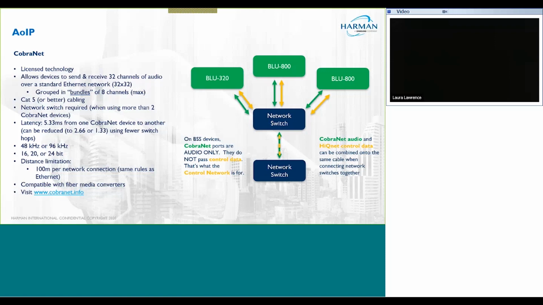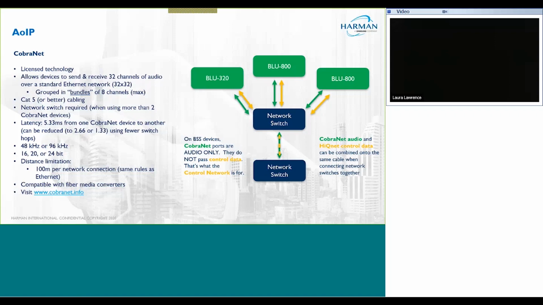Because it was first, obviously, there are some limitations here. The biggest limitation that I think there is of CobraNet is the low channel count. With everything else, you can do 64 channels. In the case of BLU Link, 256. But here with CobraNet, we only do 32 channels in and 32 channels out. And another limitation of CobraNet is that these 32 channels are grouped into 8 channels called a bundle.